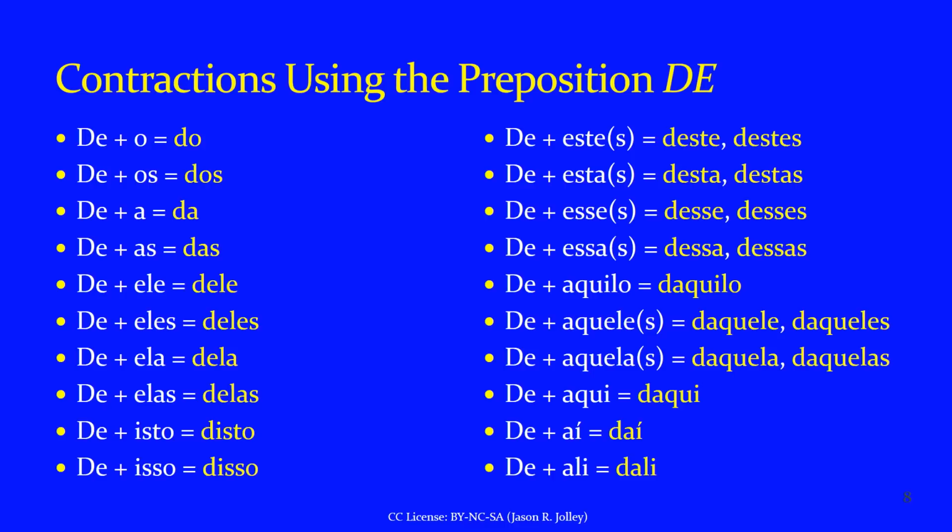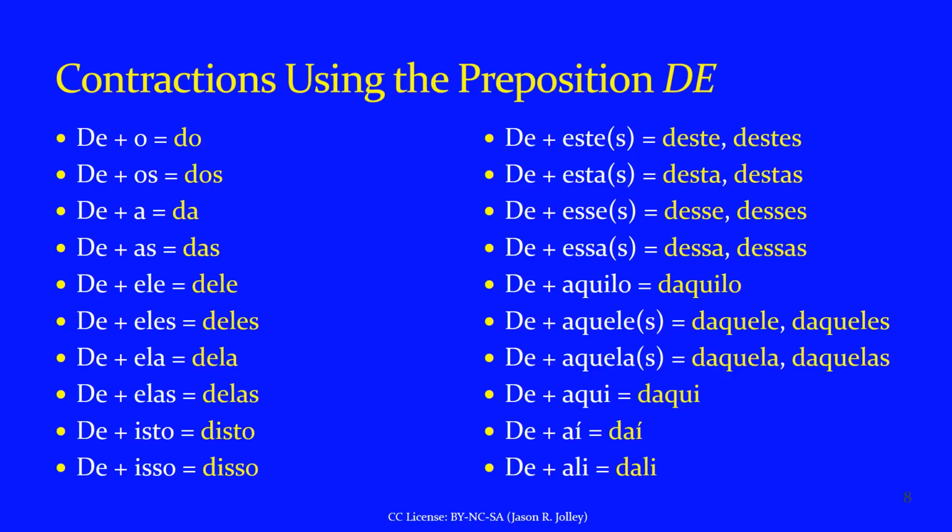Those are often possessive forms, his, hers, theirs, deles, delas. We have forms like isto, isso, the demonstratives like este or esse that contract with de, and also forms like aquilo, aquele, and aqui, right? Aí and ali. I don't want to go into detail with all of those forms. I just wanted to point out that de is the preposition that generates the most contractions.